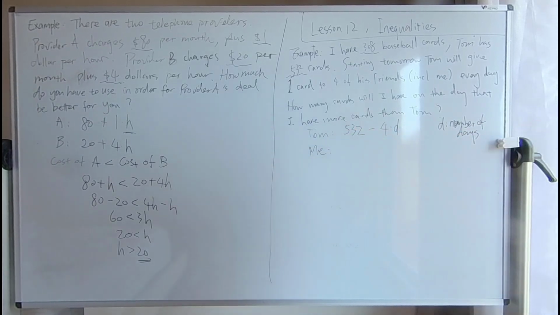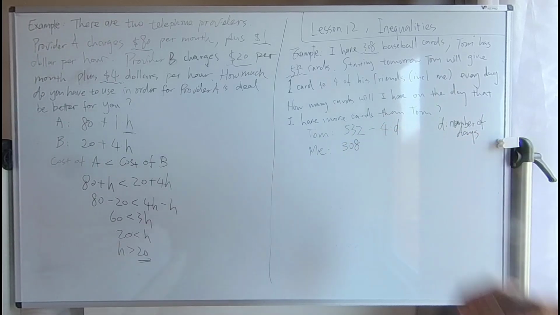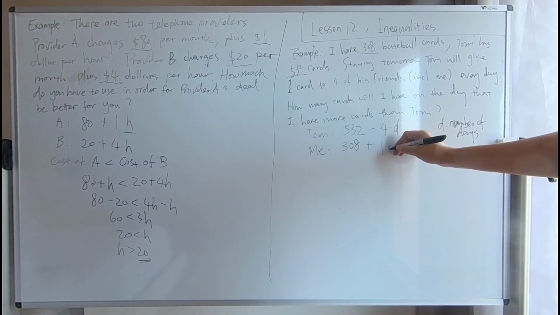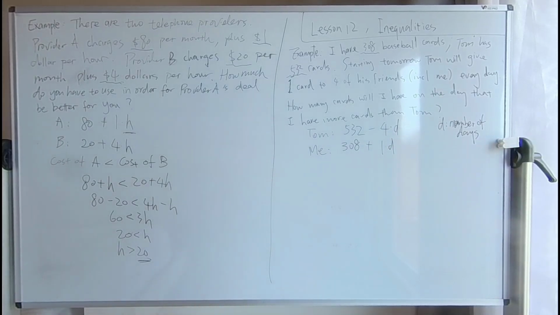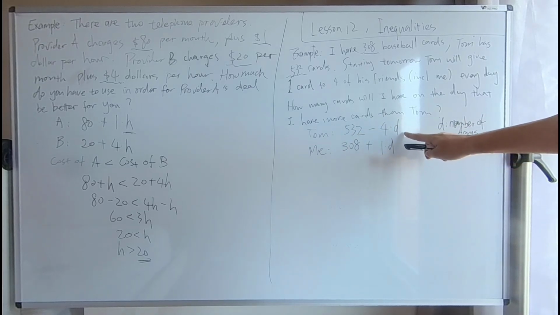So then the number of my cards starts from 308, and it is increasing by 1 because I'm one of Tom's friends. I'm receiving 1 card per day. So these are the number of cards after d days.